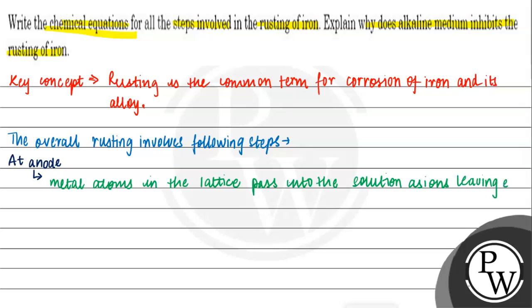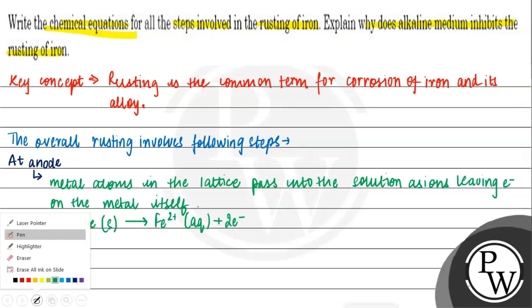The lattice is nothing but the arrangement of cells. तो जो केमिकल इक्वेशन हम कह सकते हैं: Fe in solid state changes to Fe2+ in aqueous state plus 2 electrons are released.